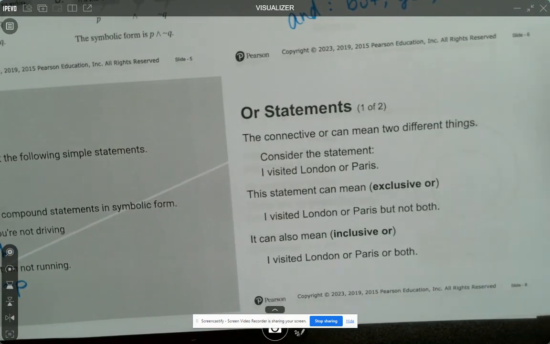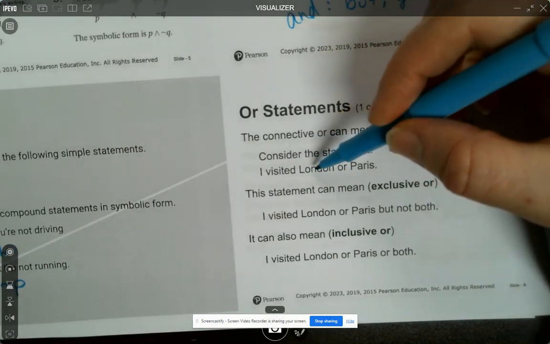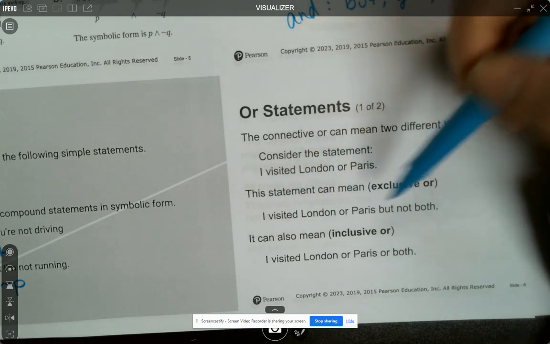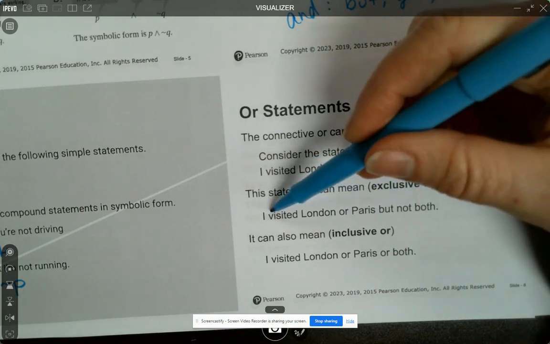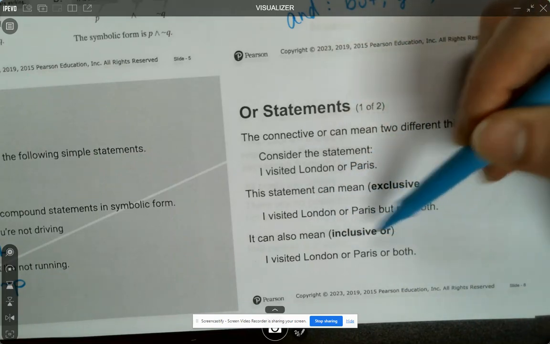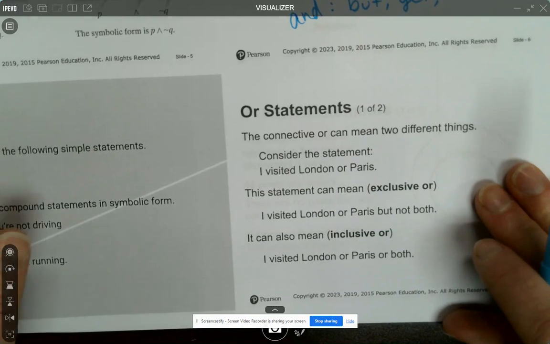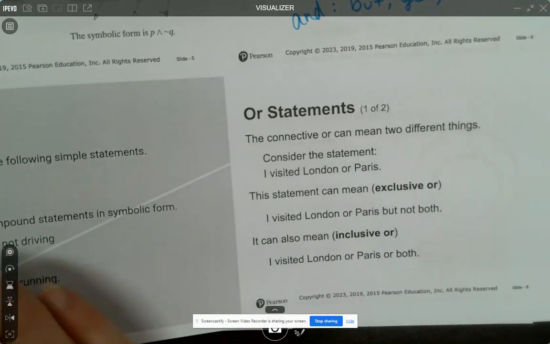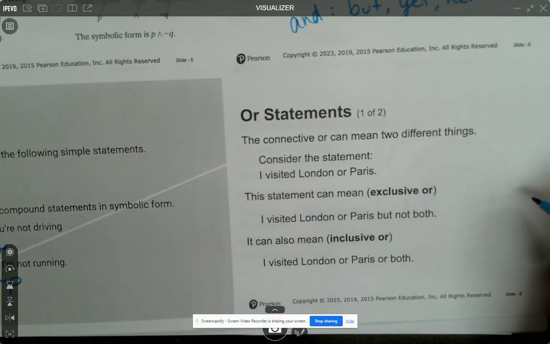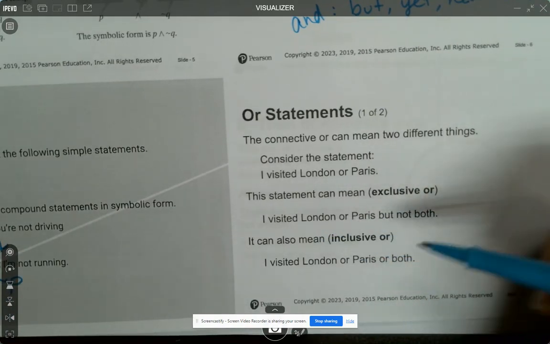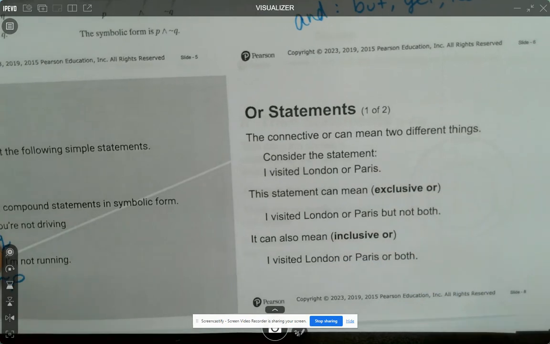Or statement. Consider the statement I visited London or Paris. Exclusive or means I visited London or Paris, but not both. Inclusive, I visited London or Paris or both. So this connective or can mean two different things. One or the other but not both, one or the other or both.